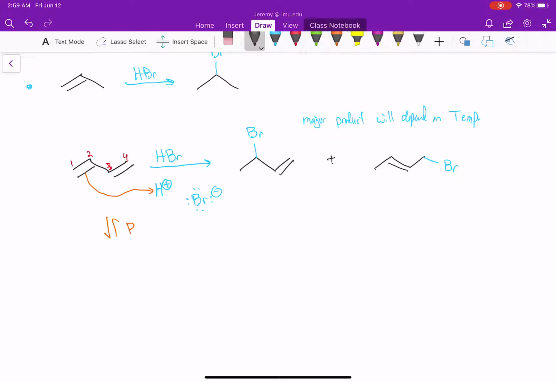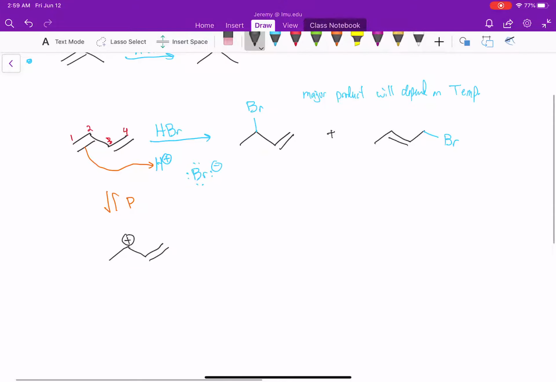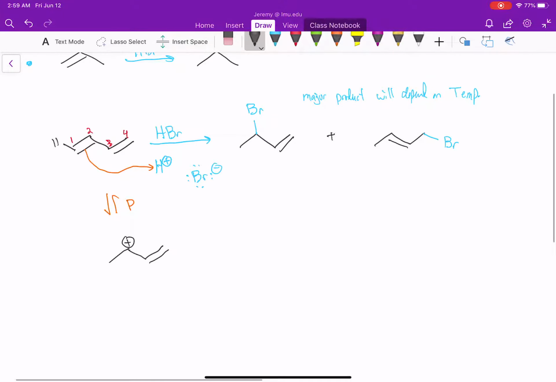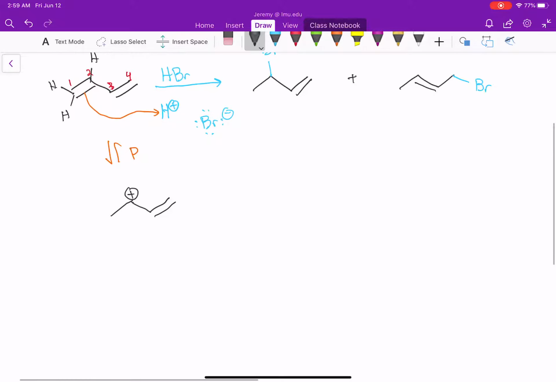Okay, so when we do that, we'll still have our alkene between 3 and 4, and we'll now have a carbocation at carbon 2, right? So if I draw in my hydrogens here, carbon 1 has 2 hydrogens, carbon 2 has 1. I'm just going to draw the same molecule here.